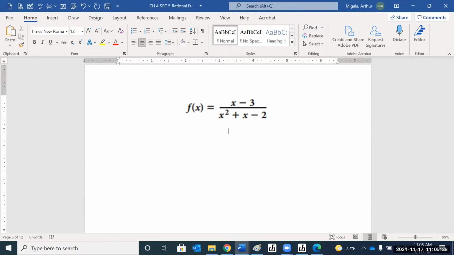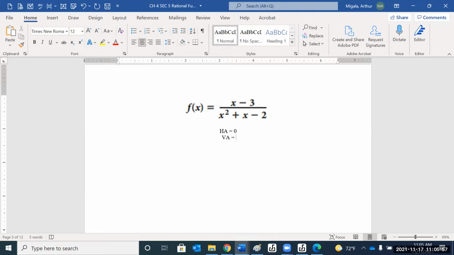The horizontal asymptote will be 0 because there are more x's on the bottom.